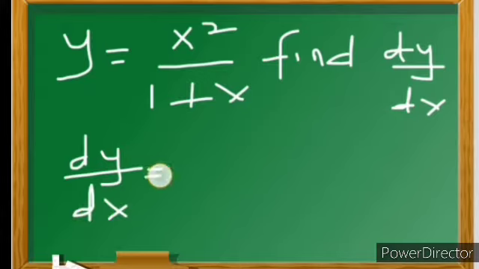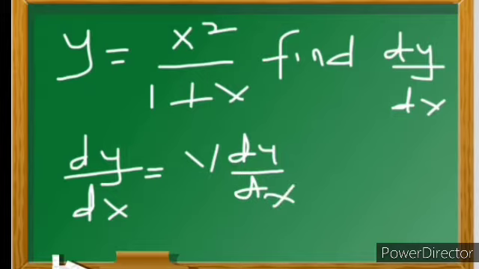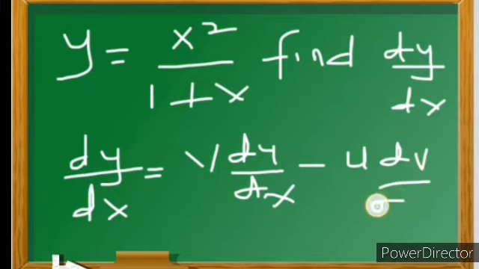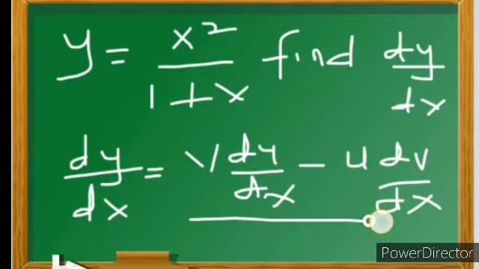So the formula for finding the derivative of this function is dy/dx equal to v du/dx minus u dv/dx, all over v squared.